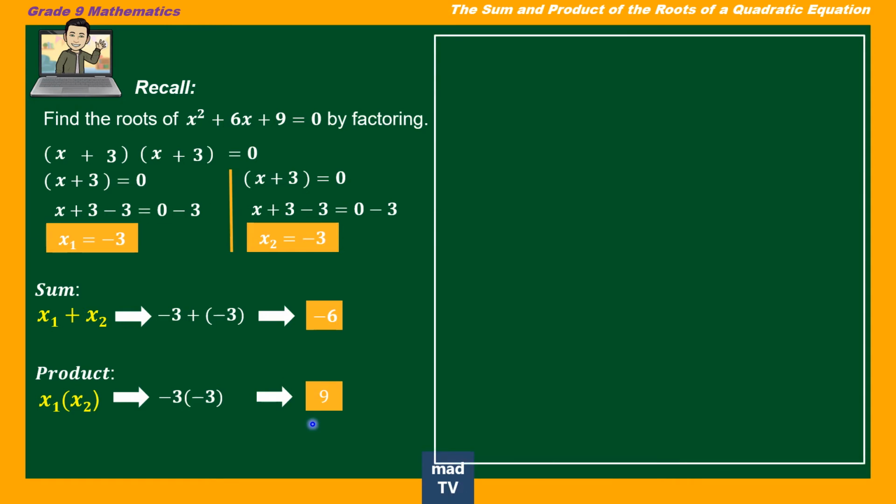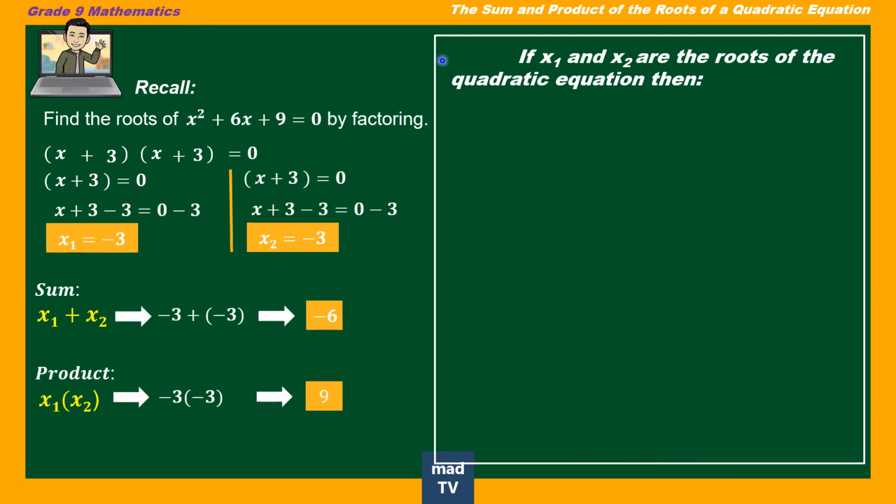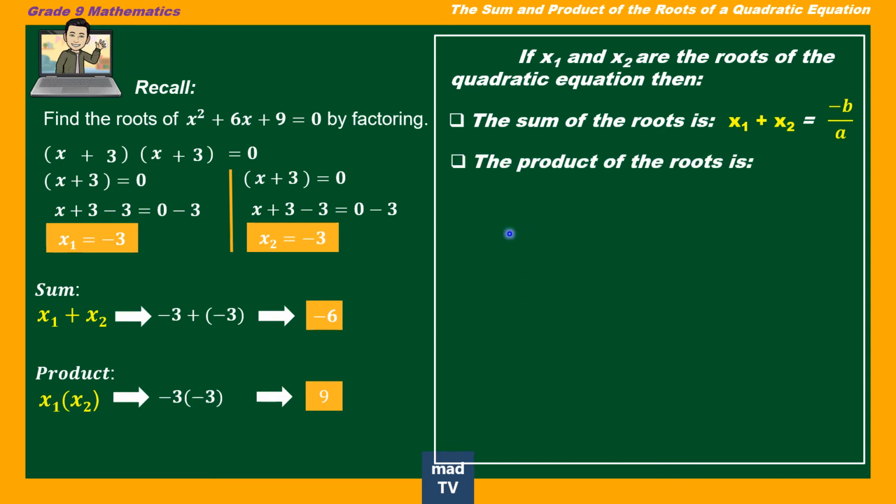Let us begin. If x sub 1 and x sub 2 are the roots of a quadratic equation, then the sum of the roots is, using the formula, negative b divided by a. Simple as that. Okay? While the product of the roots is using the formula c divided by a.